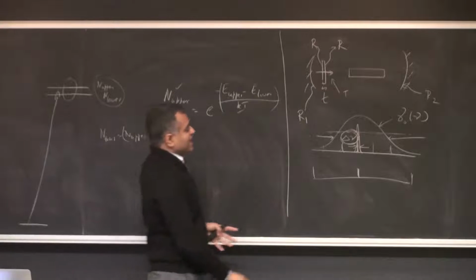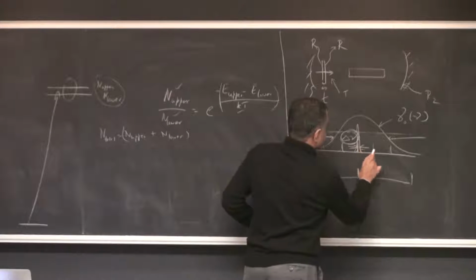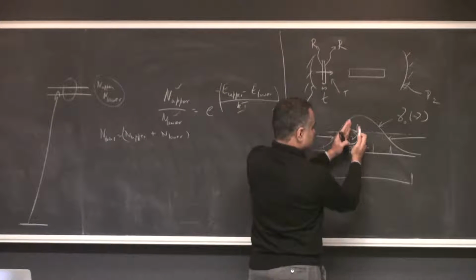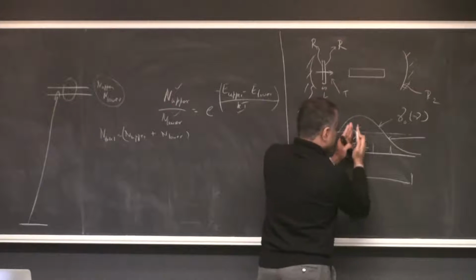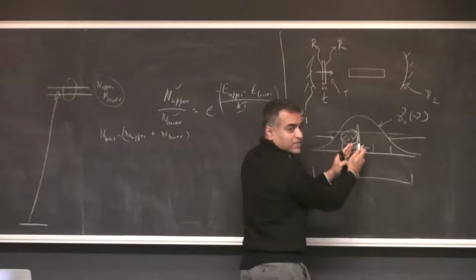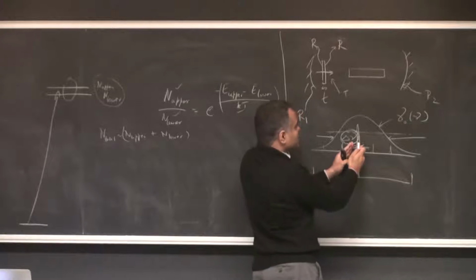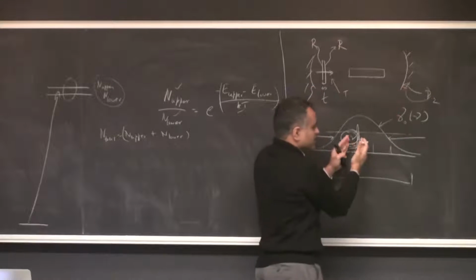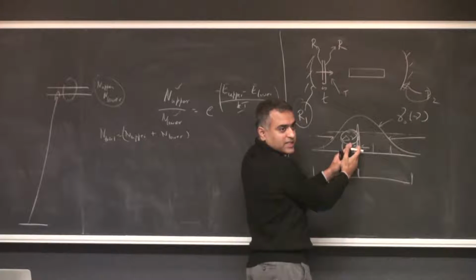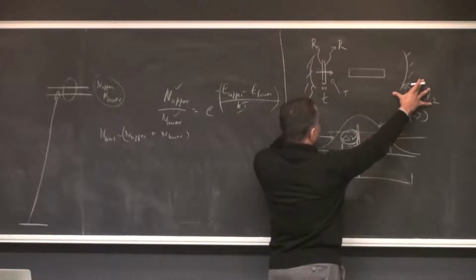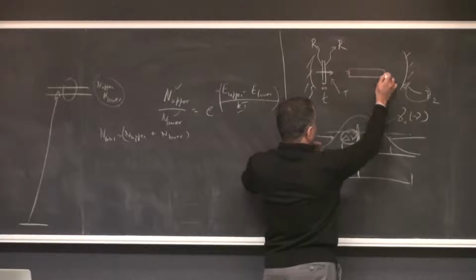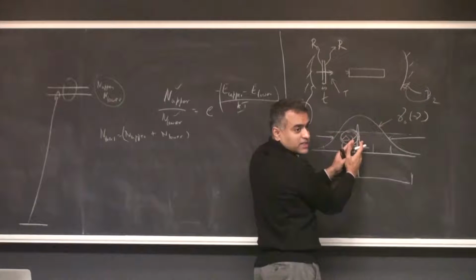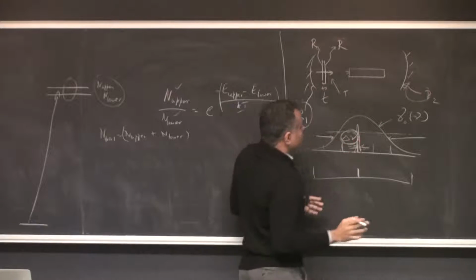I think yesterday I probably told you that this was the line width of the allowed cavity modes. But as you know, that would be determined completely once you define the losses. Losses R1 and R2, and any additional losses here, all completely define this line width from your cavity problem.